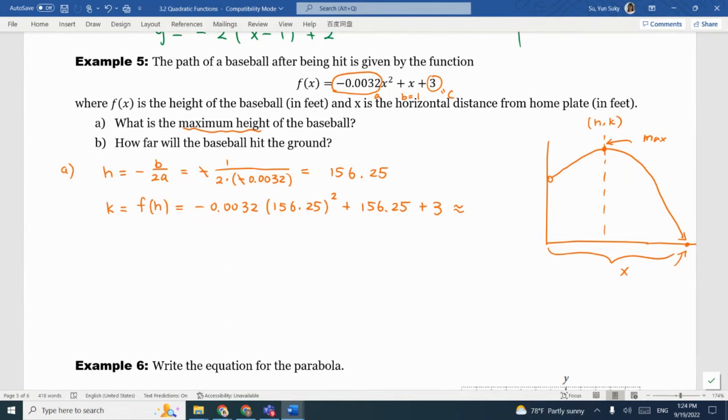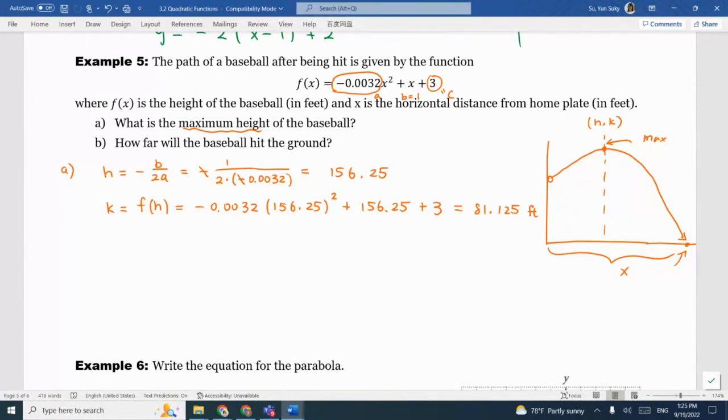Okay, what is this number? Give me 3 decimal places. 81.125. Is this the exact number? 81.125. Good. Feet. So this is part A.